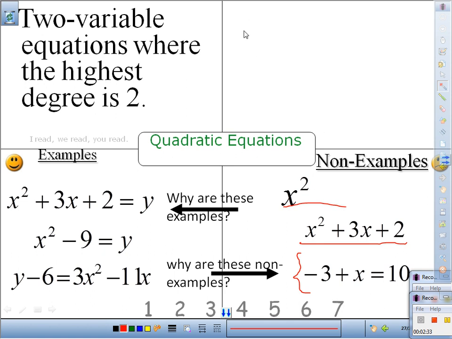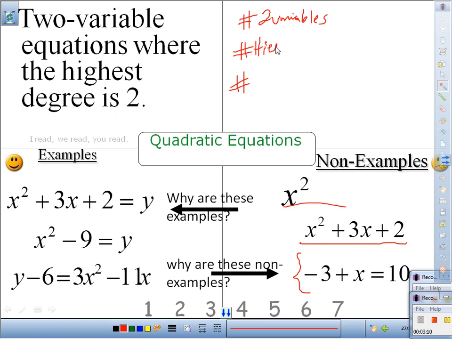All right, so write some hashtags, everyone. At least 3. What makes a quadratic equation a quadratic equation? Hashtag what? Alexander. 2 variables. What else? Hashtag Leslie Art.